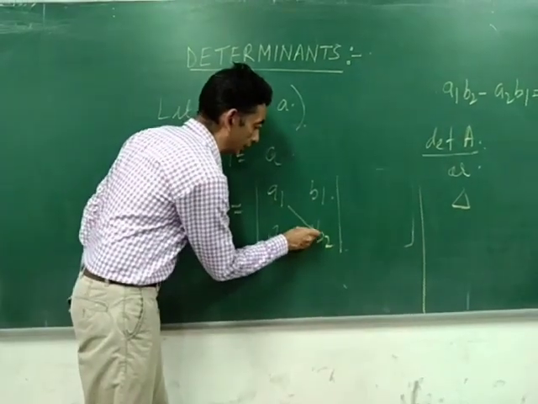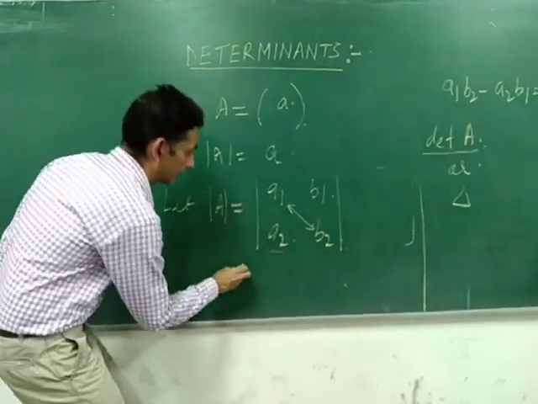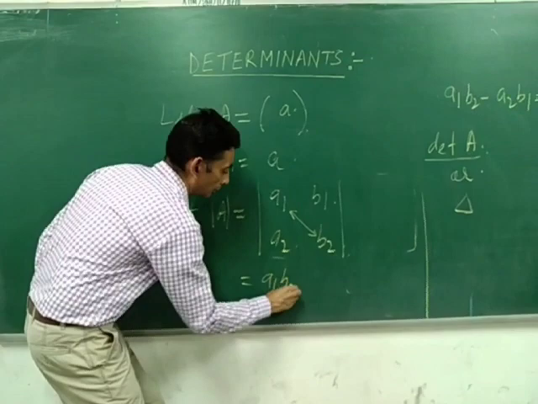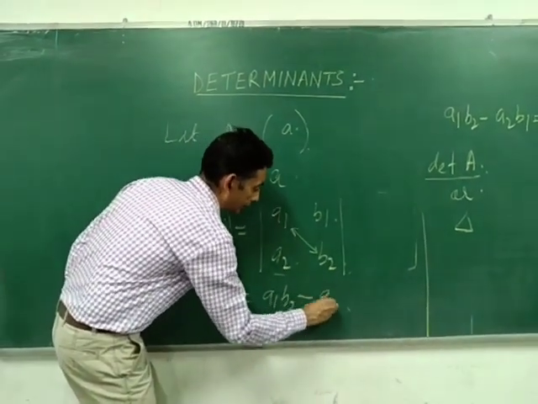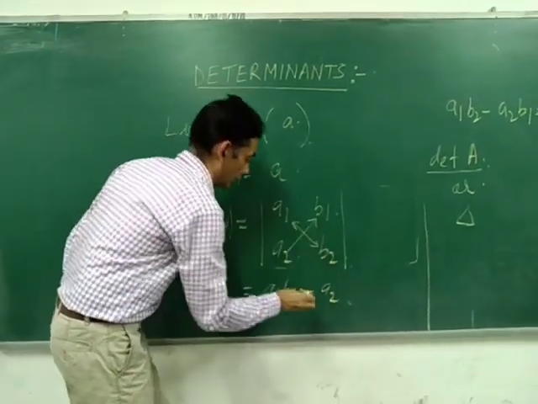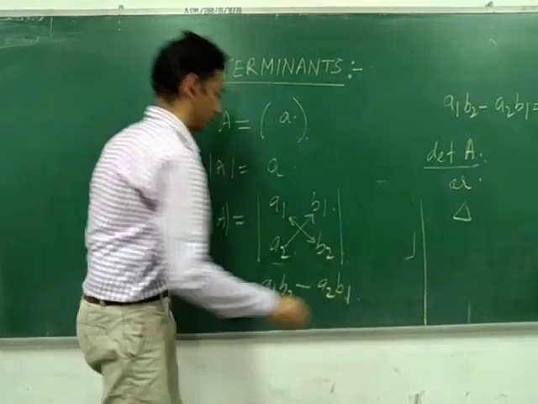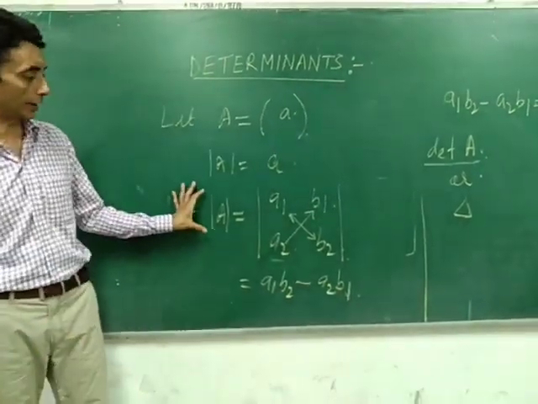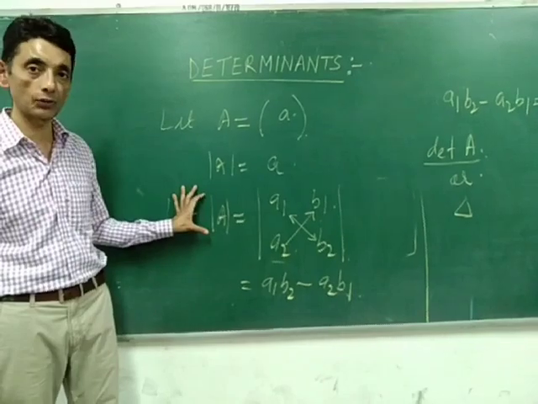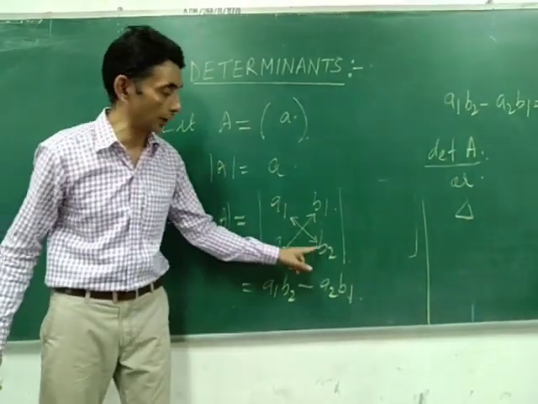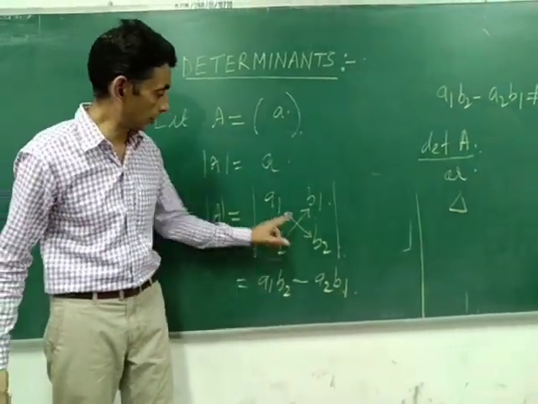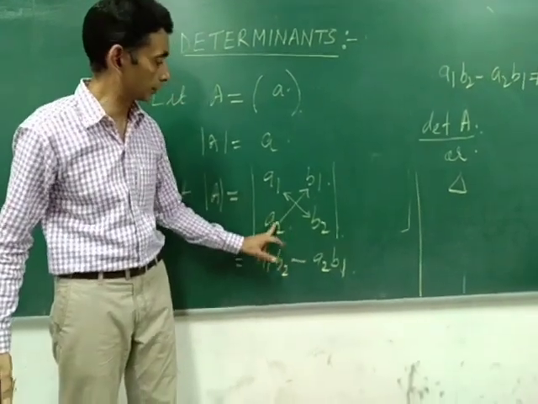First we multiply the diagonal elements, that is a1 b2, then minus a2 b1. So for expansion of a determinant of order 2, you only need to multiply the diagonal elements a1 b2, then put a minus sign, a2 b1.